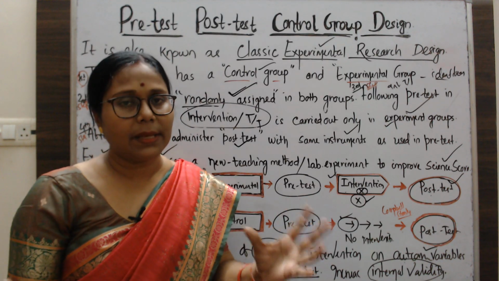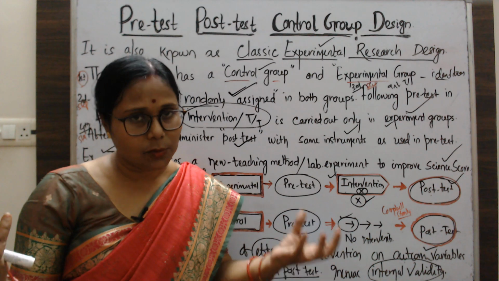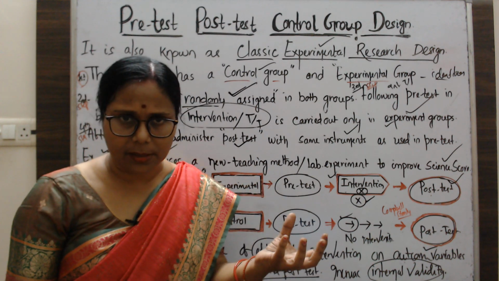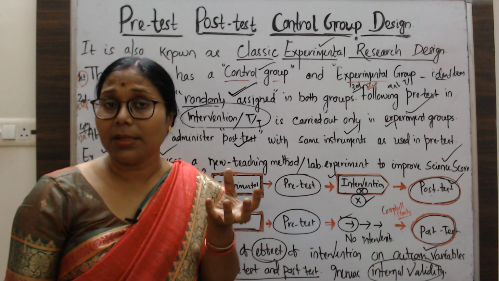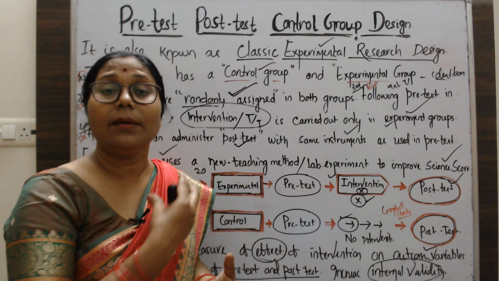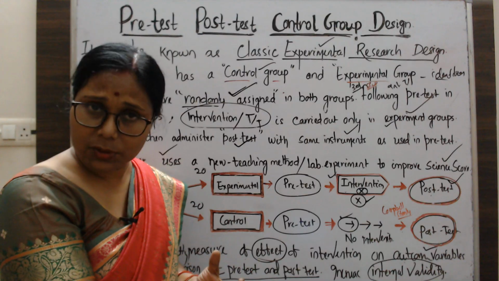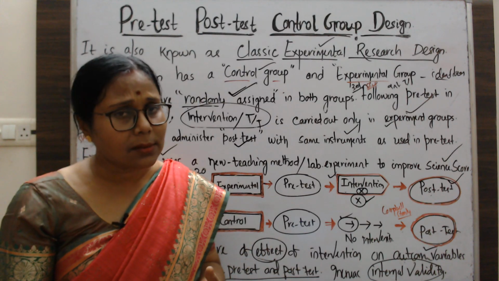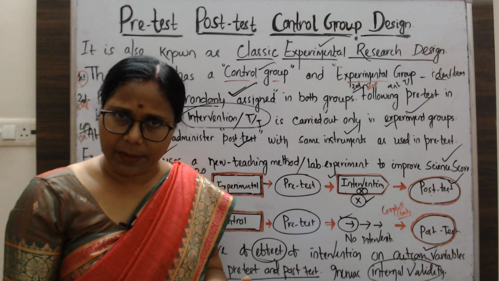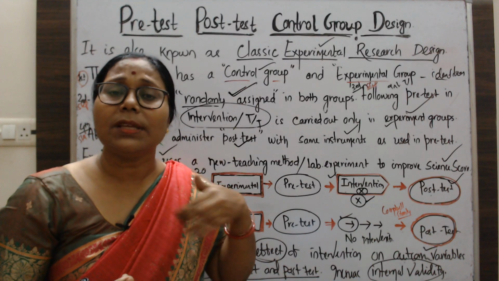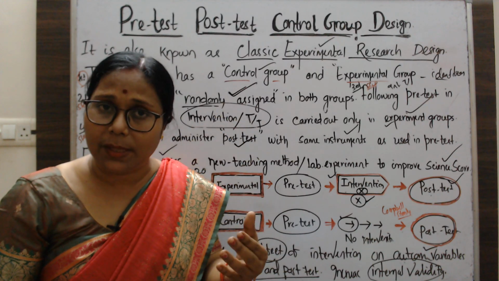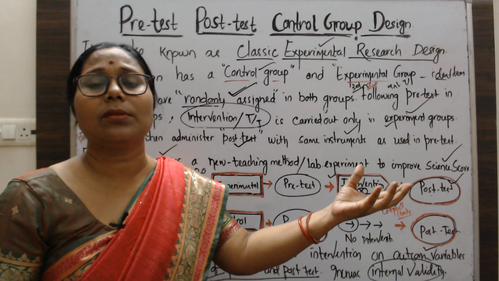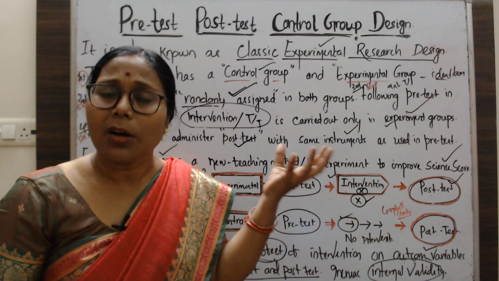By comparing the pre-test and post-test results of the two groups, the control group and the experimental group, you conclude that the students in the experimental group get good marks in the post-test, but those in the control group show no change. It is proved that due to the intervention, the new method of teaching or lab experiment, the students score high marks.